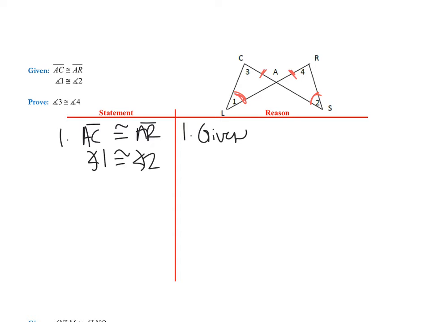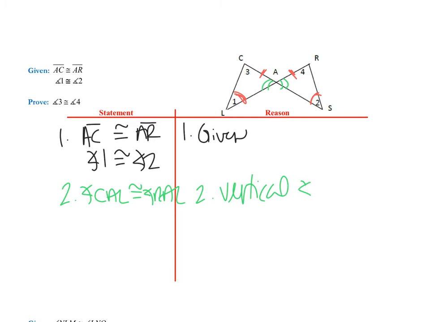Well, hopefully we recognize that we have vertical angles right here. So we can say CAL is congruent to RAL, and the reason being, vertical angles are congruent. Now do we have enough information to prove that our triangles are congruent?